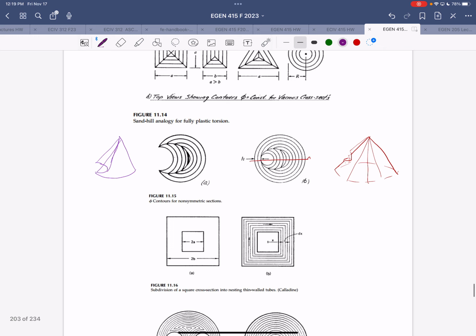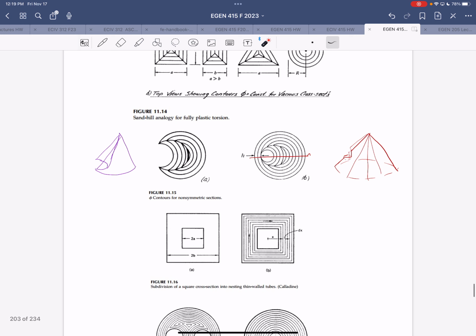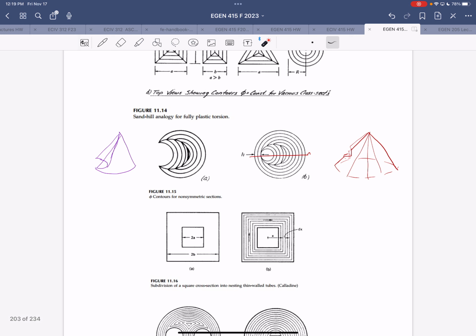The way you would treat that is think about piling the sand as though there were no voids in the shape, right? And then just horizontally scrape off what you would have had if there were voids within, right?